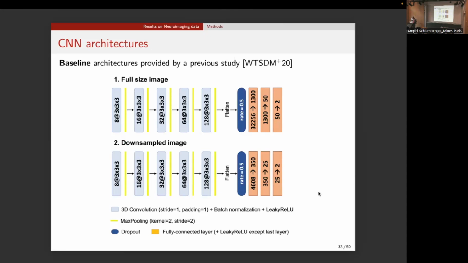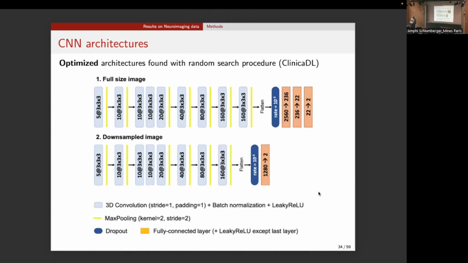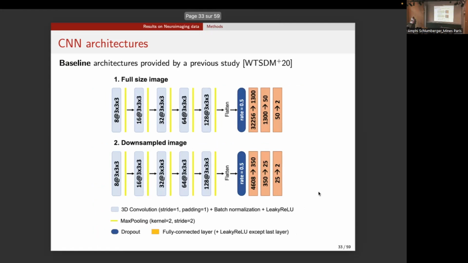We tried many architectures. There is a baseline that is known to be the most efficient in the literature. So here it is. Well, I'm not a very expert in this, and there is another optimized architecture that we have constructed for the specific type of data that we are dealing with. This baseline architecture is the one that is now state of the art for ADNI, but global ADNI, so for all the images that you can find in ADNI.